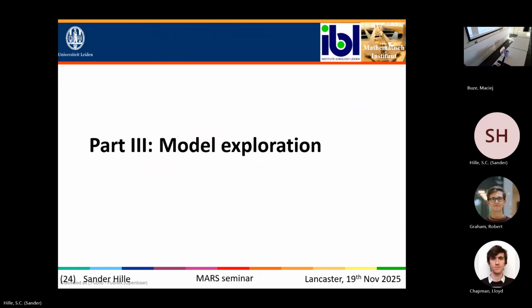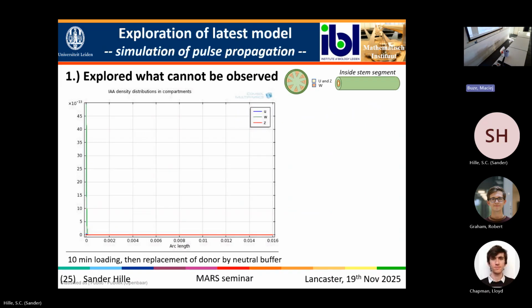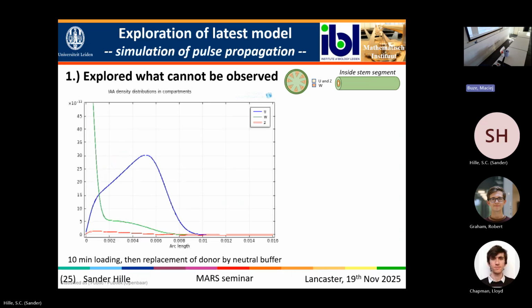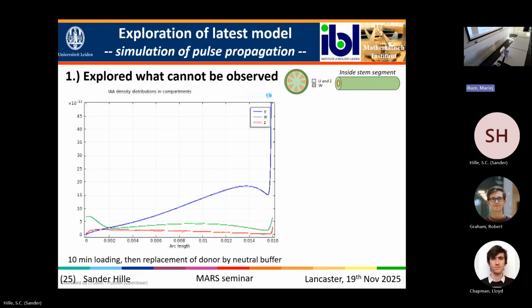And get to what we did with the model. So if you then look at the model, you can start looking inside and see what happens. So you're looking inside now, touch a stem segment and see a pulse traveling through.